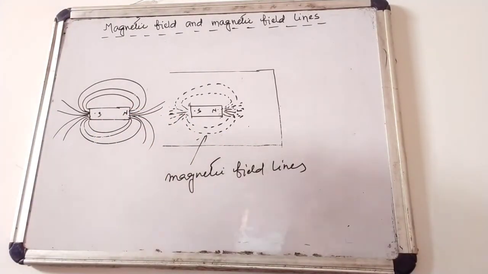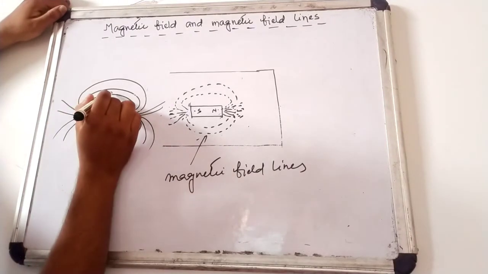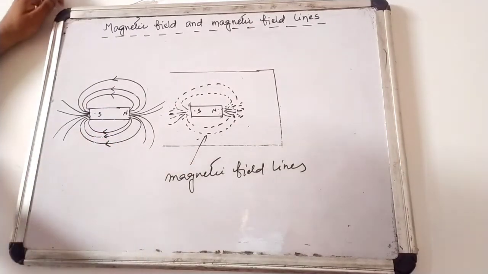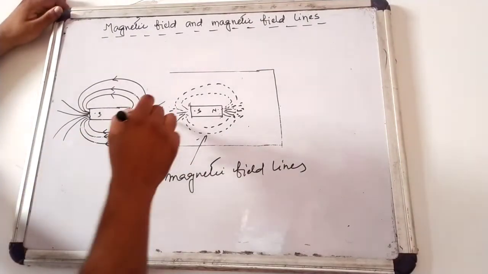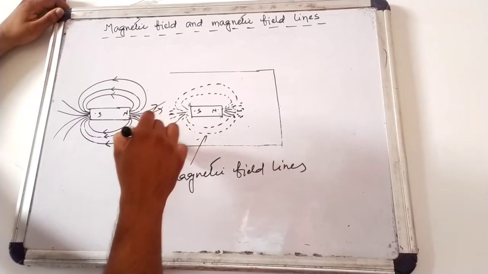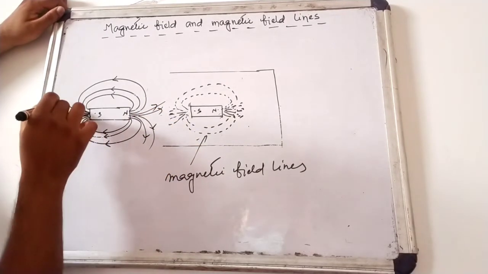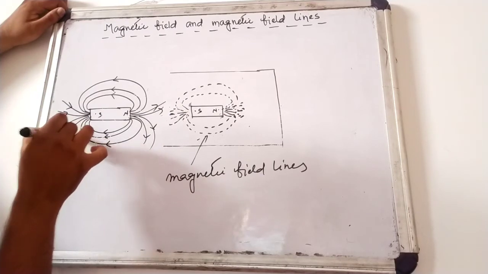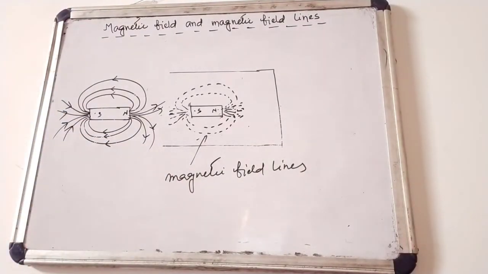So these lines are called field lines, and its direction is always from north pole to south pole. These field lines are emitted from the north pole and enter the south pole.